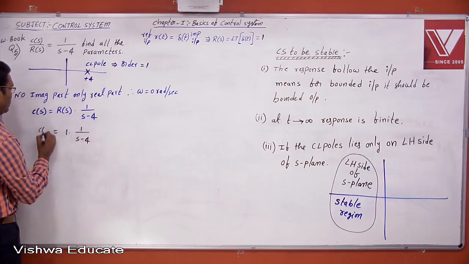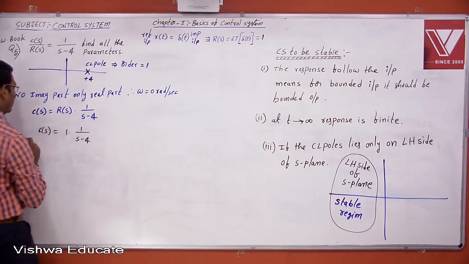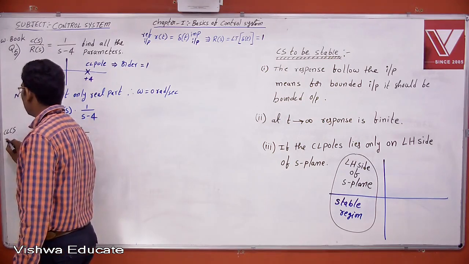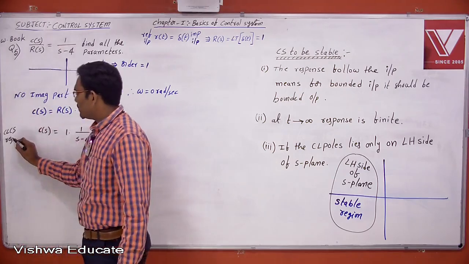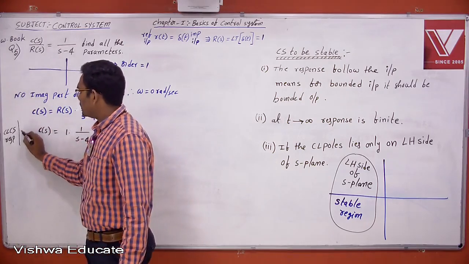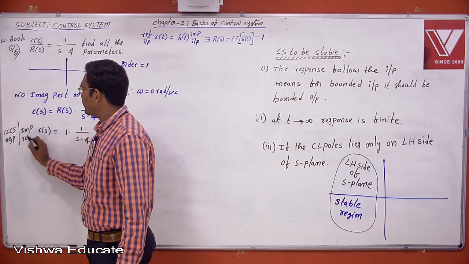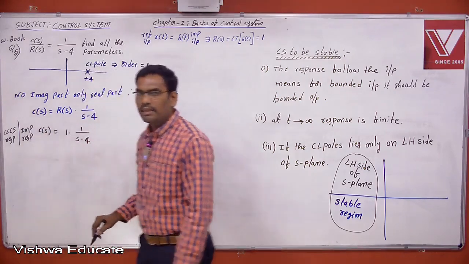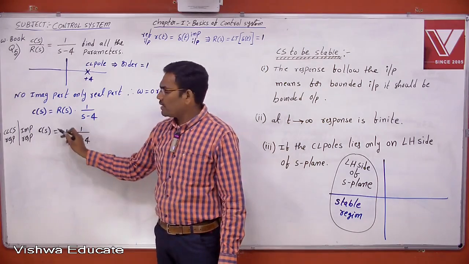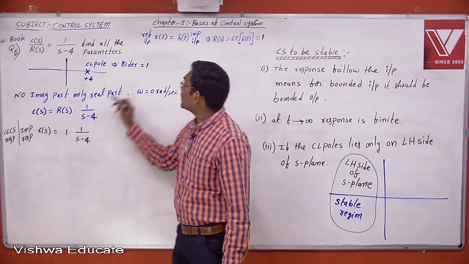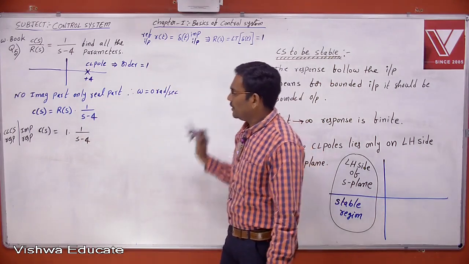This is the closed loop control system response, which is nothing but the impulse response, because I am applying an impulse input.